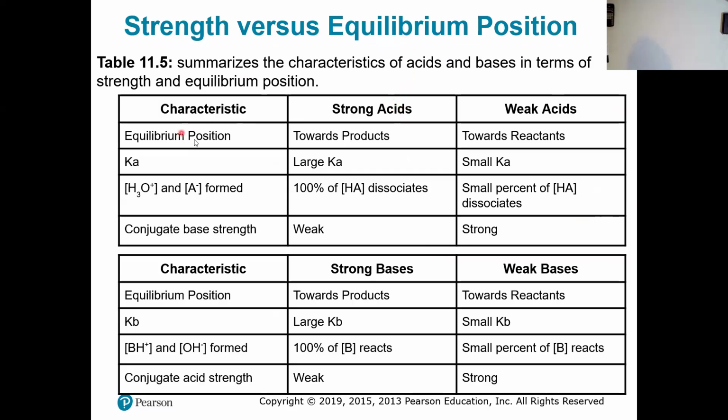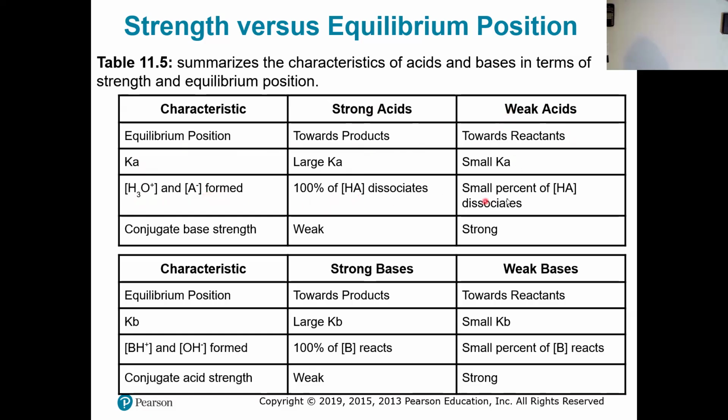Okay. So when we're looking at acid or base strength versus the equilibrium position, when we have very strong acids, our equilibrium position is going to be towards the products. When we have weak acids, it's going to be towards the reactants. For our Ka values, for our strong acids, we're going to have a large Ka. For our weak acids, we'll have a really small Ka. For our strong acids, when we're looking at the amount of ions that form, 100% of the original acid separates and forms these ions.